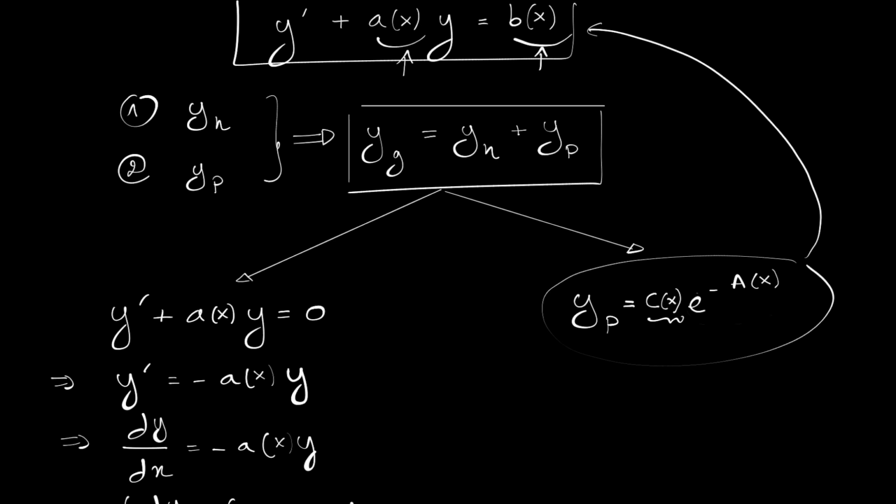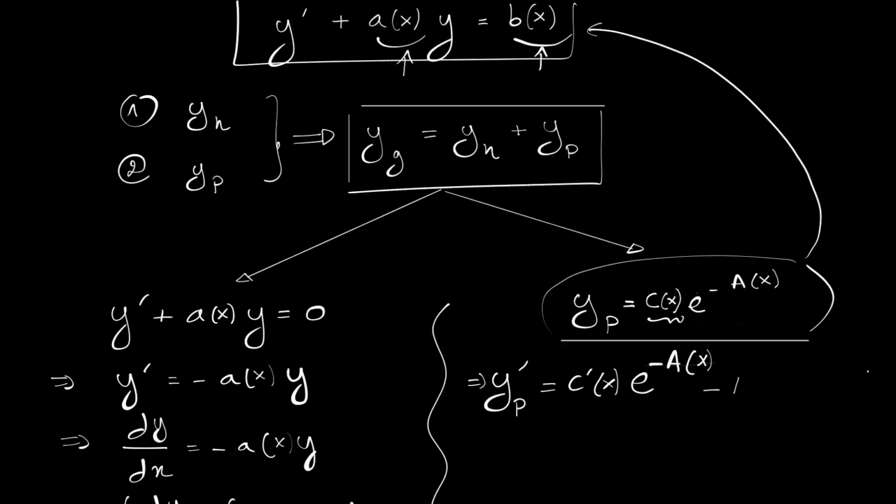Now we know that this particular solution is a solution for our original equation. Then to substitute it in this equation, we have to calculate the derivative of yp, which is yp prime equals c prime times the exponential of minus A of x, minus a of x exponential of minus A of x times c of x.